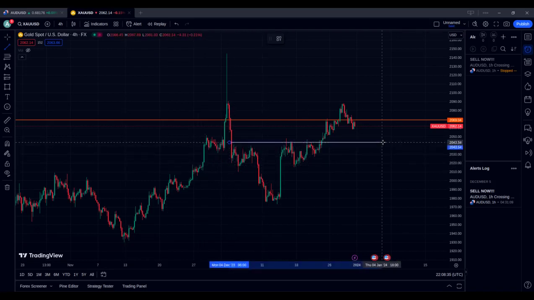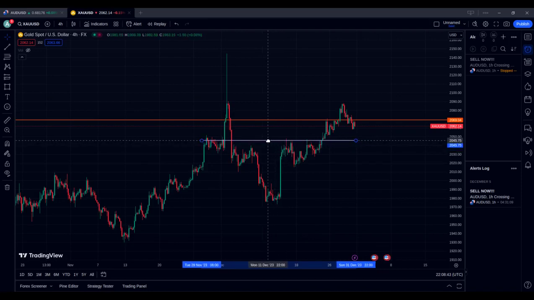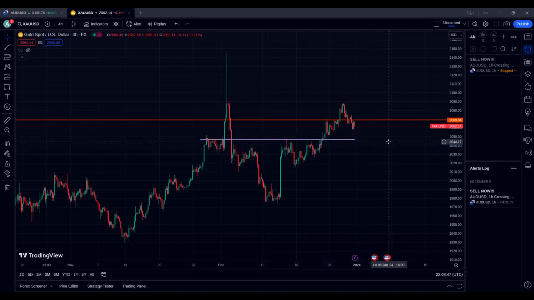I'm going to be drawing some lines, and I'll tell you the uses later. Take a look at this. Before 2024, the market stopped here. That is, the market was planning on dropping.